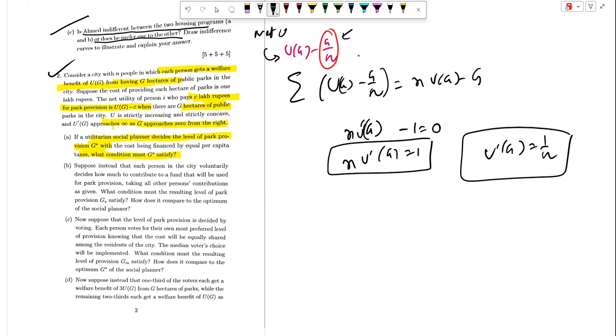Second, suppose that instead each person in the city voluntarily decides how to contribute to the fund that will be used for the park provision, taking all other persons' contributions as given. What condition must the resulting level of park provision G satisfy?